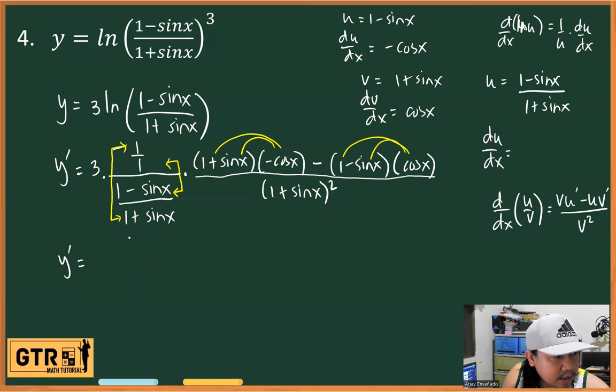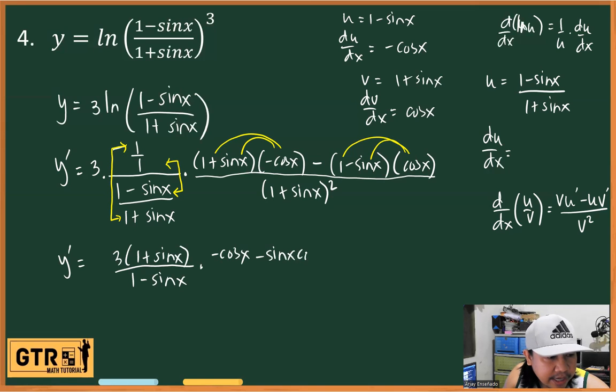Okay, so therefore we have, let's simplify. We have 3 times 1 plus sine x all over 1 minus sine x, times, let's distribute, negative cosine x times 1, that is negative cosine x. Negative cosine x times sine x, that is negative sine x cosine x.